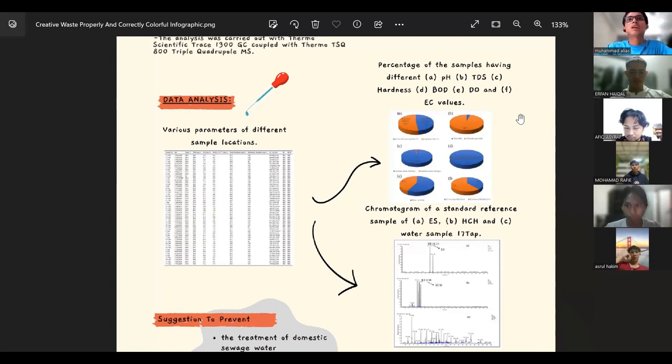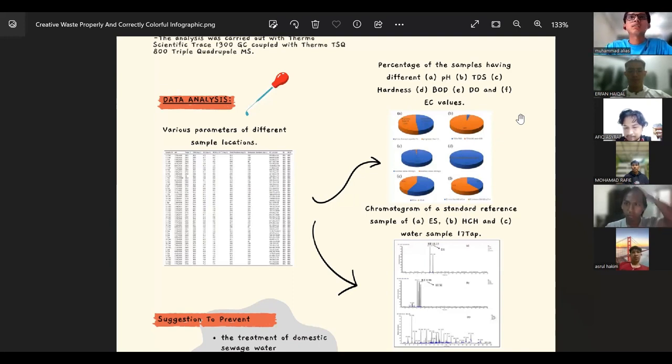These values are within the acceptable range of DO for drinking water, which is 4 to 10 milligram per liter, and capable of supporting aquatic life that is not severely polluted.